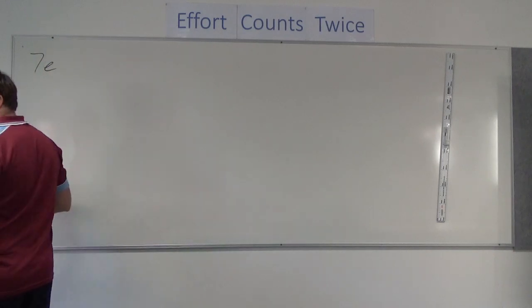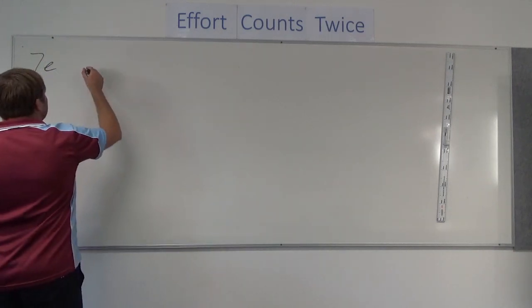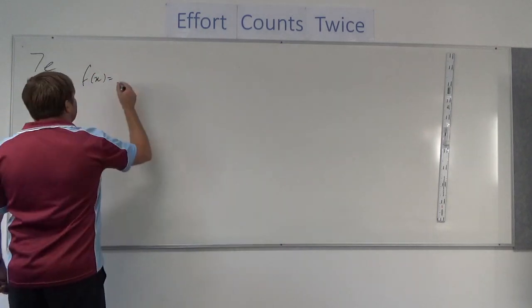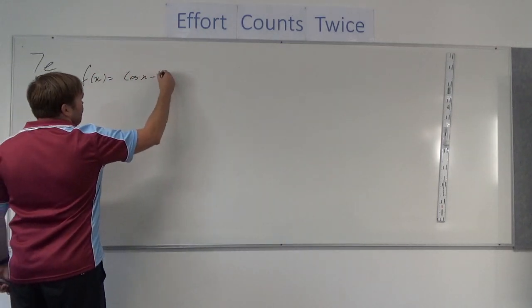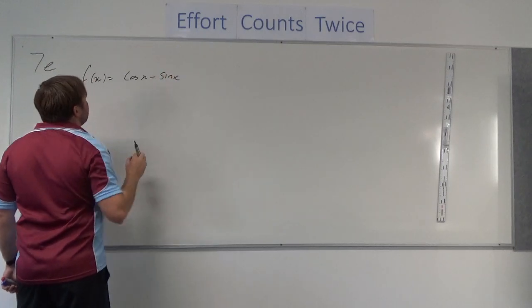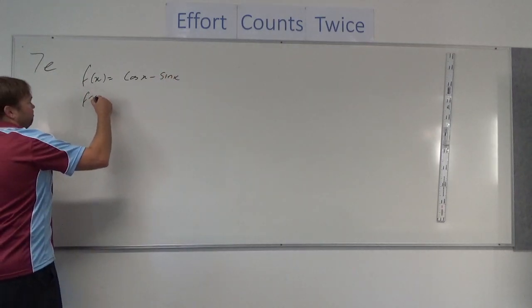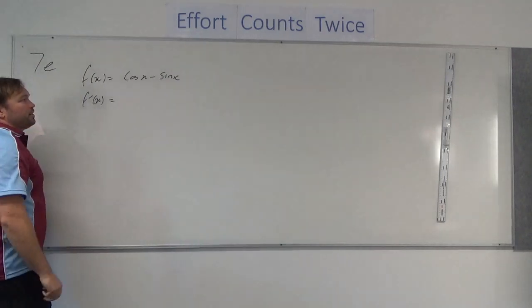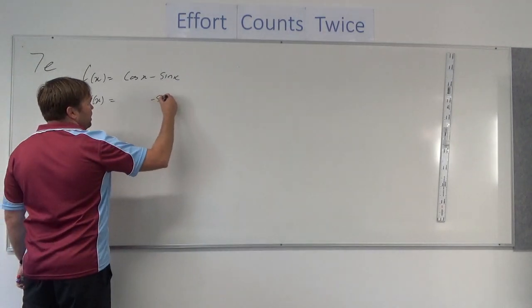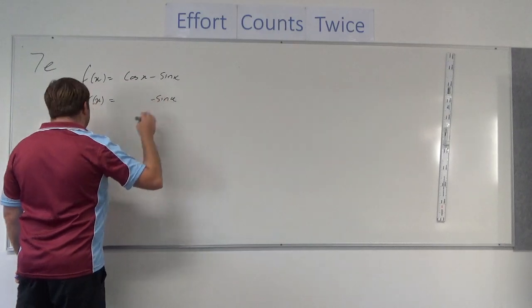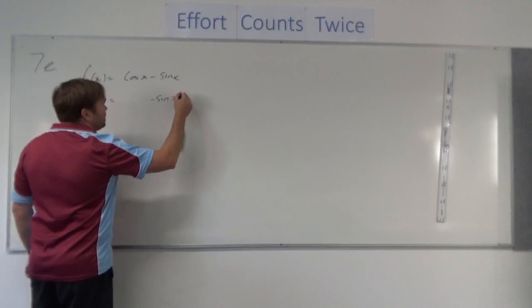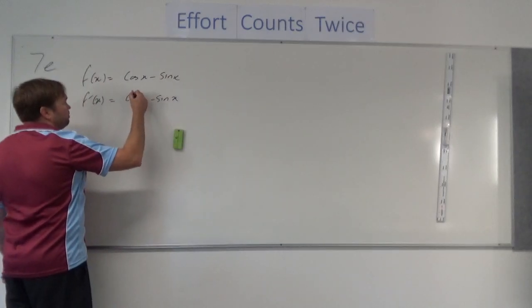7E. If we are looking at f of x equals cos x take sine x, f dash x becomes minus sine x, and that becomes positive cos x.